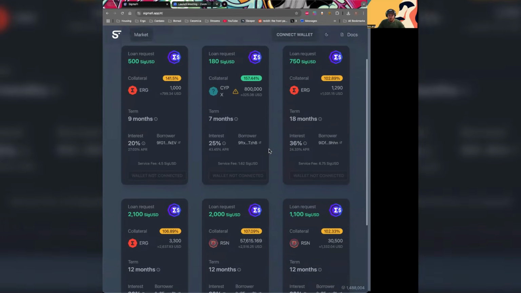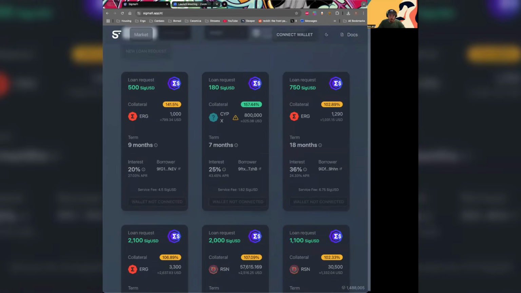And then there's also the why about why would a borrower do this? Like, why is somebody paying 20%? Right? That seems really high. That's like credit card rates, right? Well, let me tell you what they're doing. So this is a way to get leverage on your ERG. So he is borrowing 500 SigUSD.